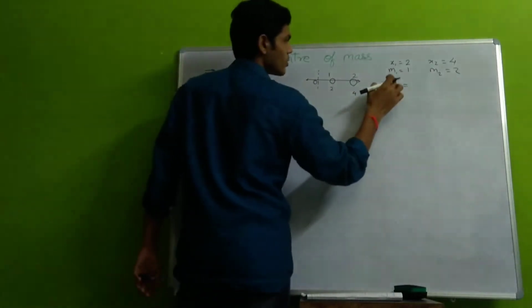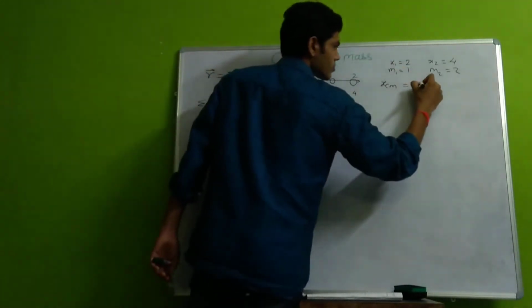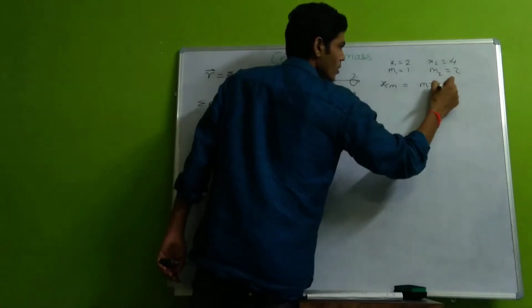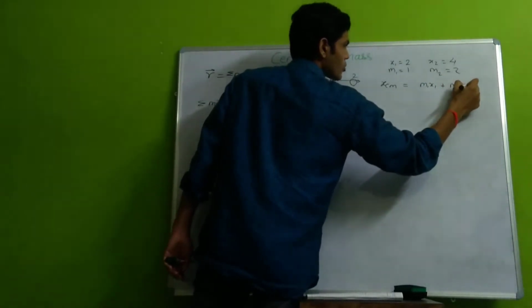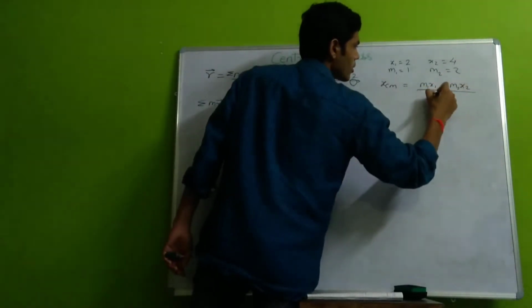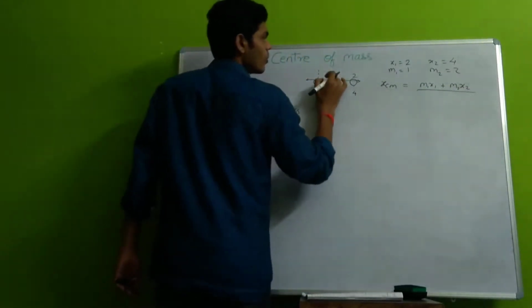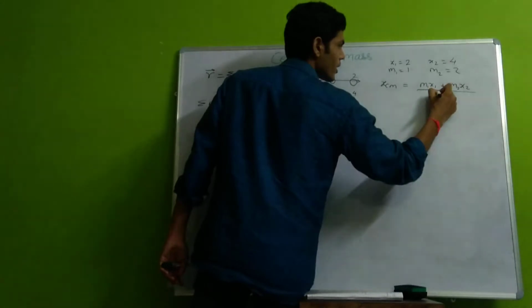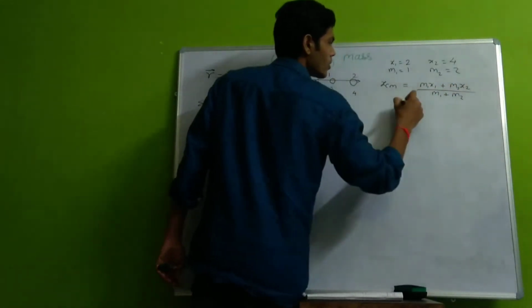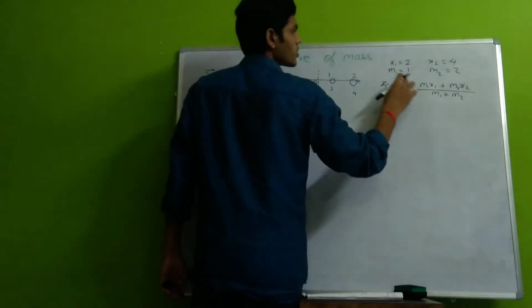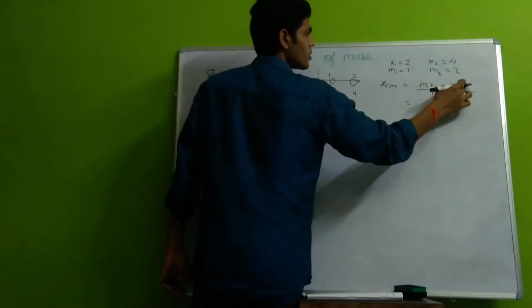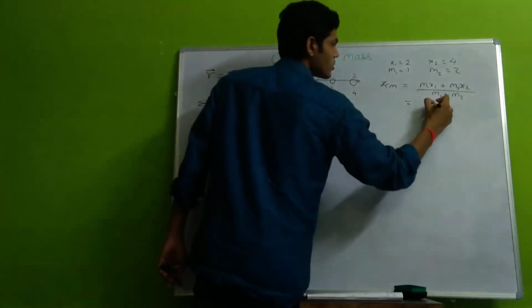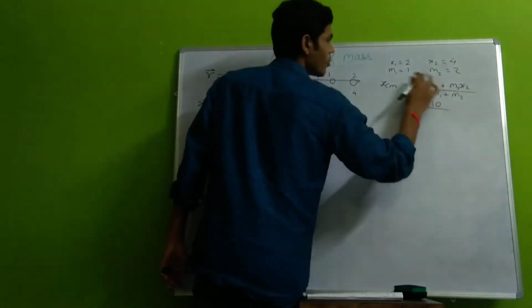So xcm equals m1 x1 plus m2 x2 upon total mass, that is m1 plus m2, which is 1 plus 2, equal to 3. So m1 x1 is 2, plus 2 into 4 is 8, that is 10 upon 3.